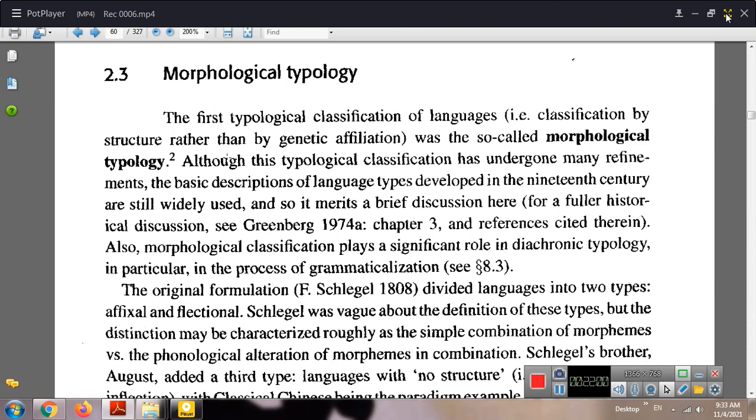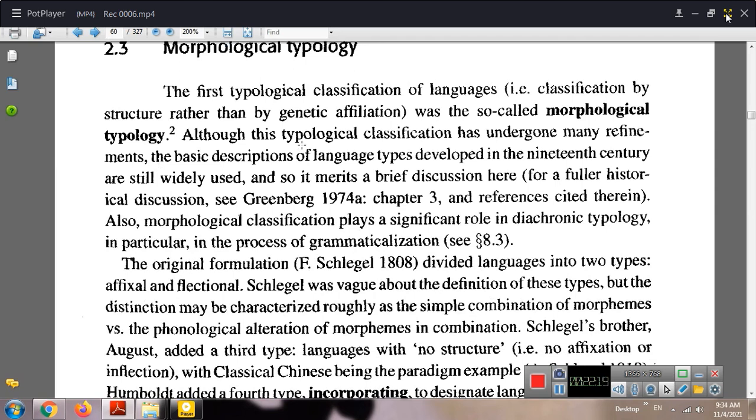this morphological type. The first typological classification of languages, classification by structure rather than by genetic affiliation, was the so-called morphological typology.